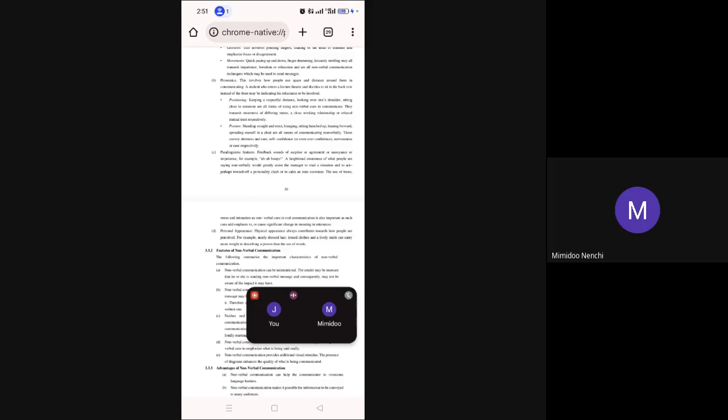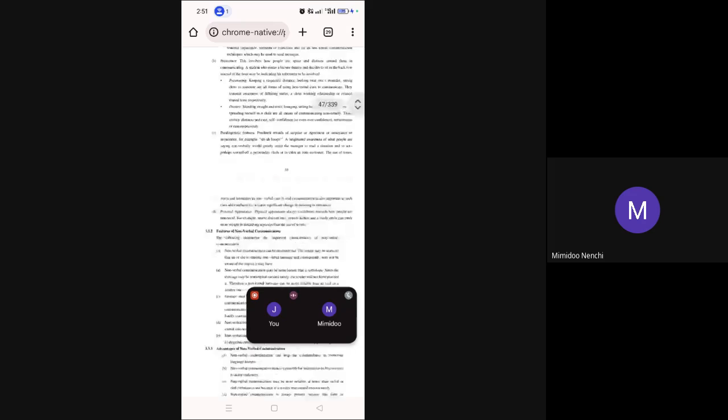This can carry more weight in describing a person than the use of words. When you dress properly, it carries more weight and gives a particular meaning than when you make use of words of mouth. And that is one of the forms of non-verbal communication.